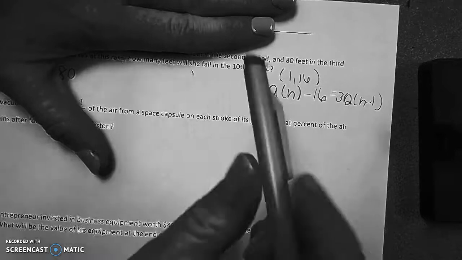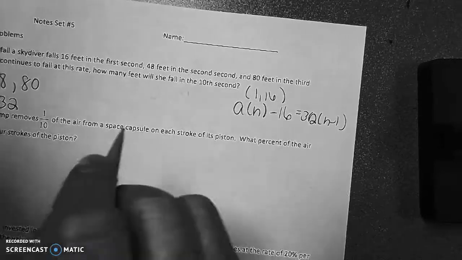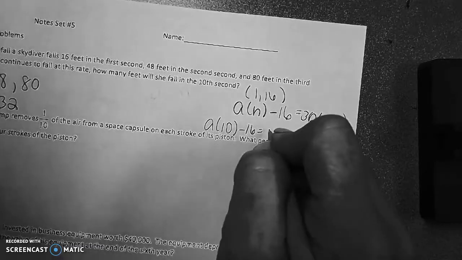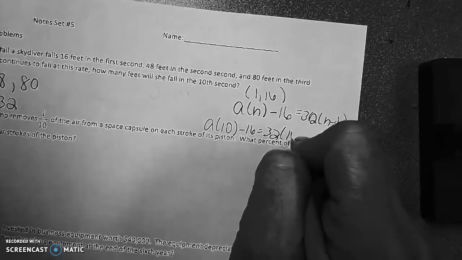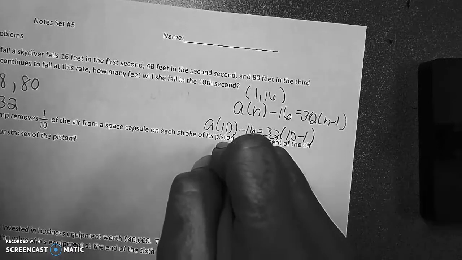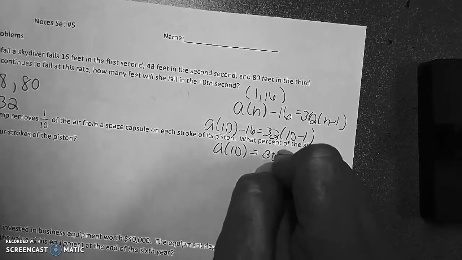Since I'm finding a sub n, every time I see an n, I'm just going to plug 10 in. So I get a sub 10 minus 16 equals 32 times 10 minus 1. And so I get a sub 10 equals 304 feet.